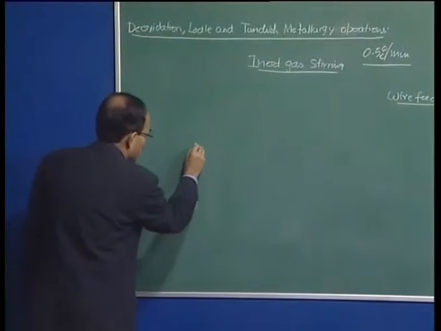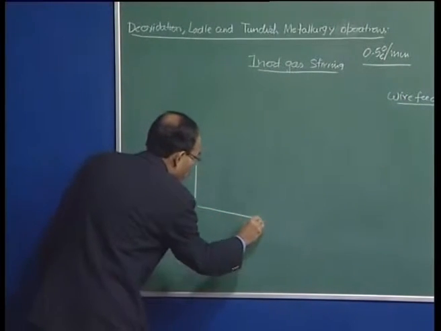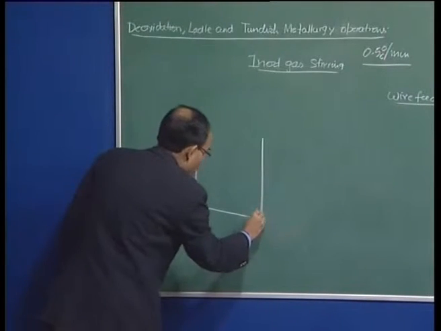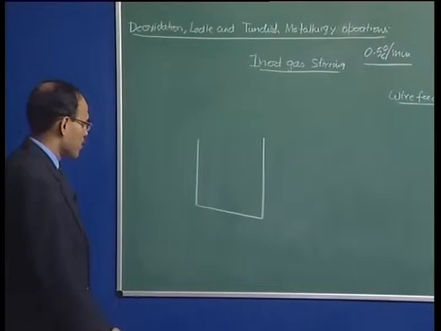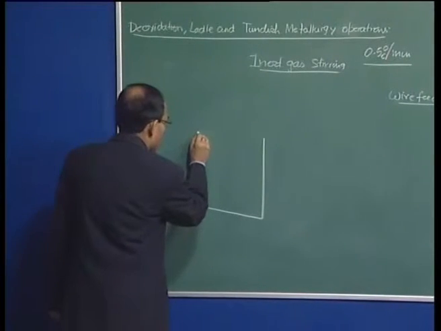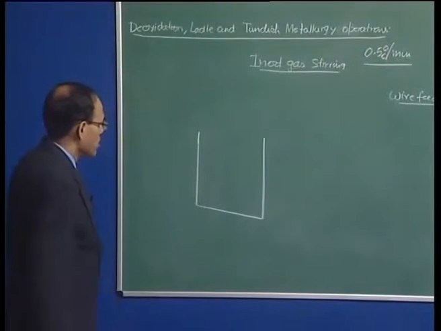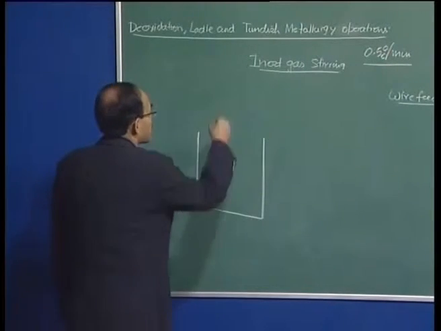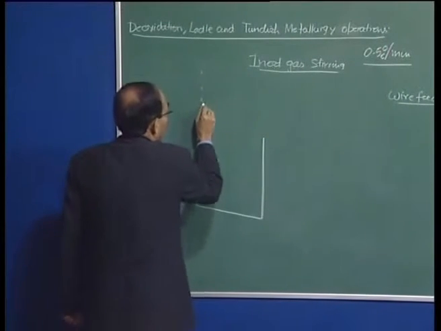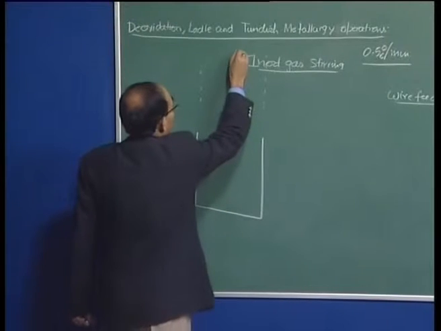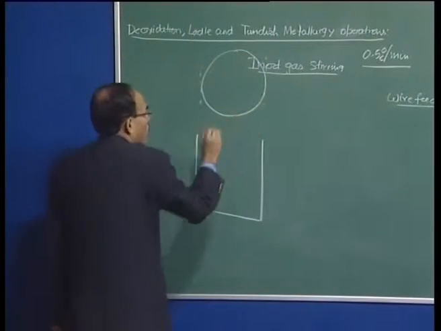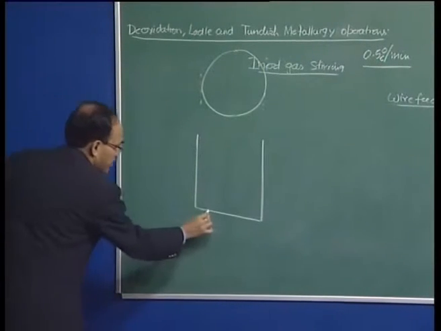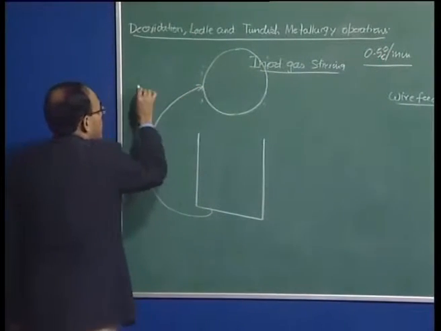If you look at the ladle, it really looks like a cylindrical shaped vessel. So, this is the longitudinal sectional view, and let us say that this is the view of the base.